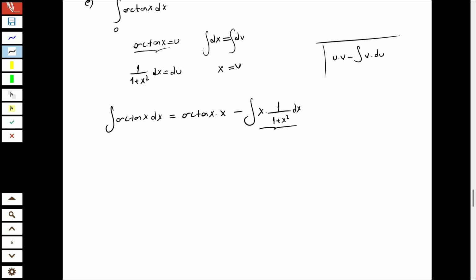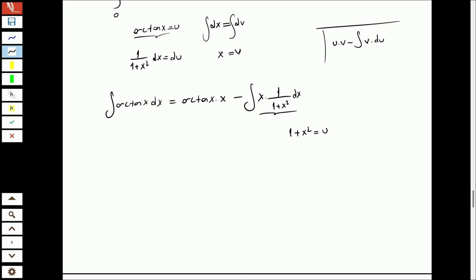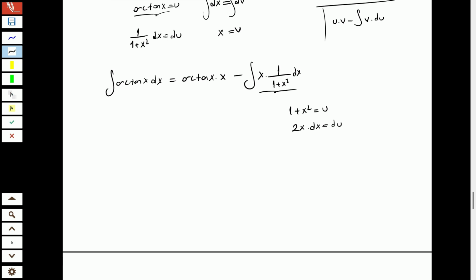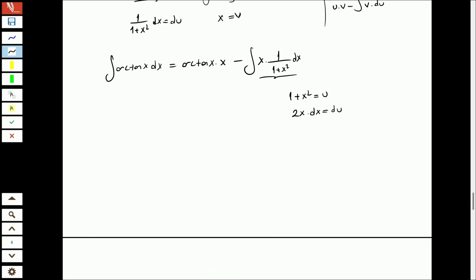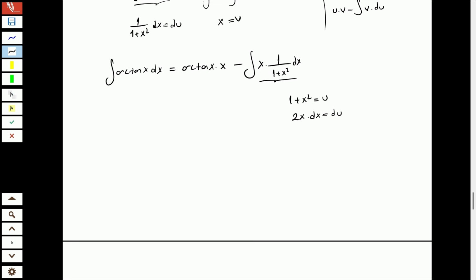If you look at this integral and replace 1 plus x squared with u again, the derivative gives 2x times dx equals du. So we are making a substitution, which means x times dx equals du over 2.